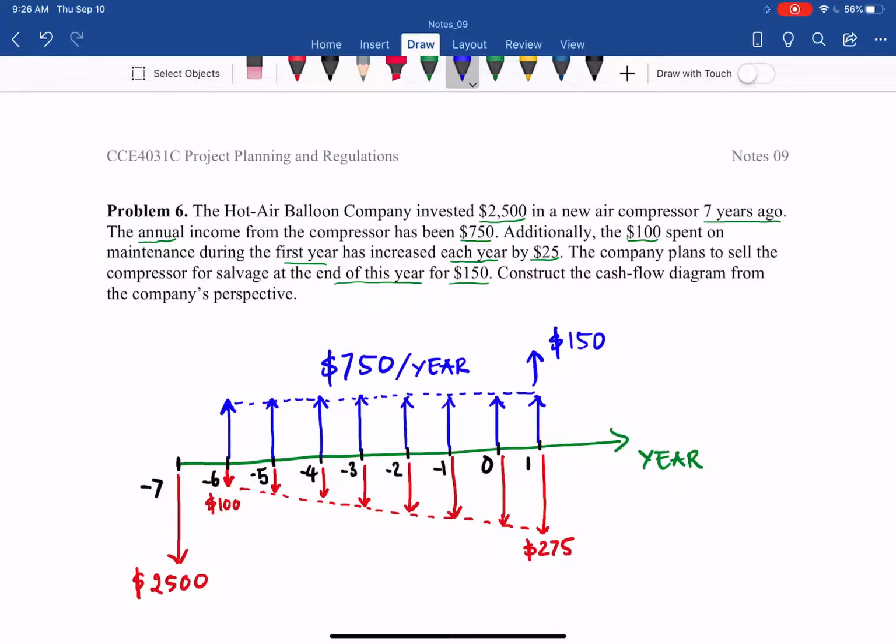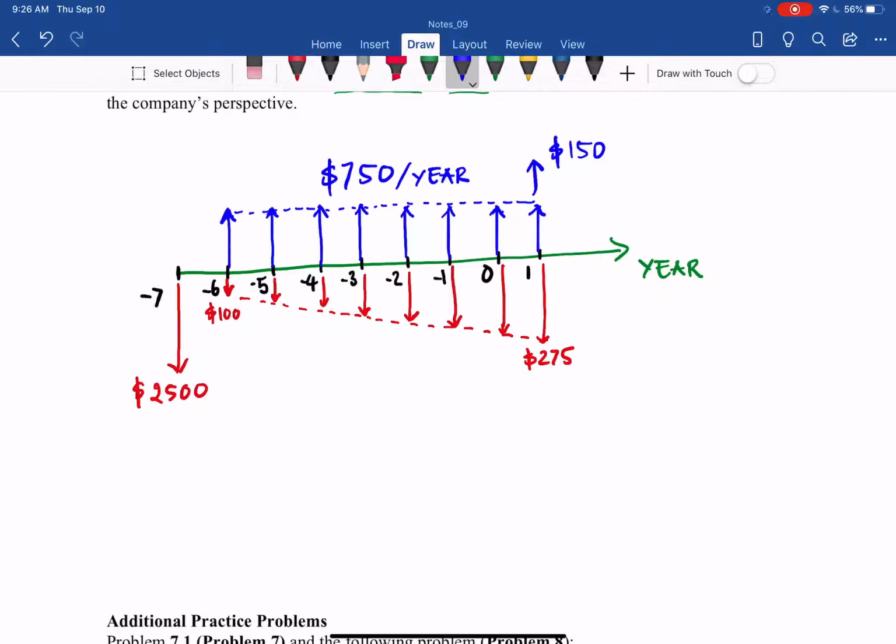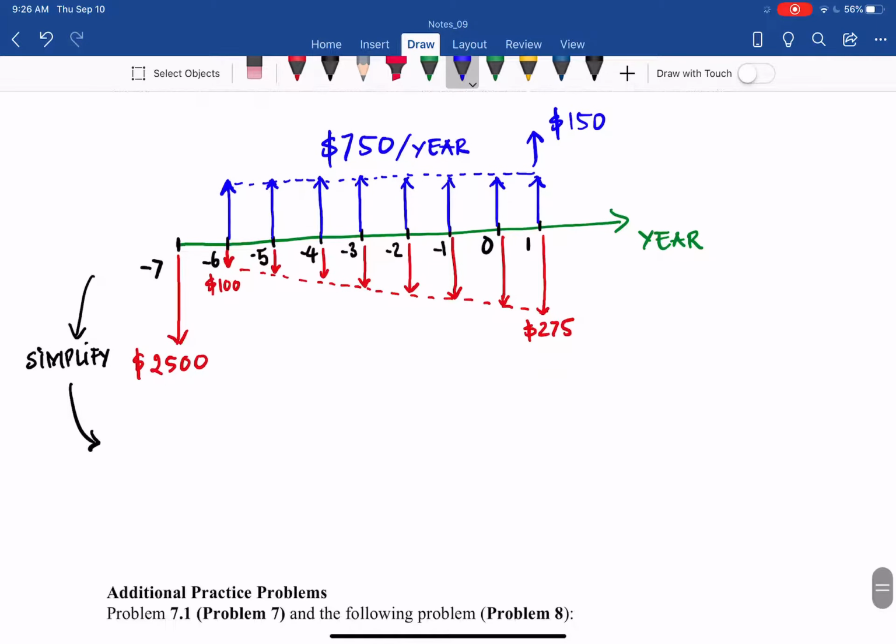So that is the cash flow diagram. And then you can streamline by subtracting the outflow and inflow at the same time.